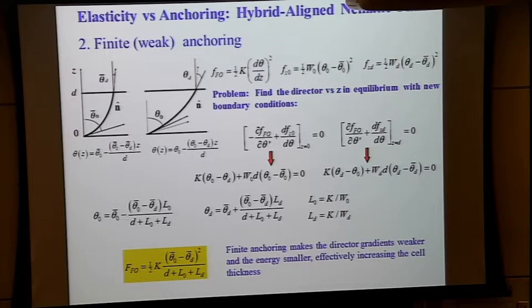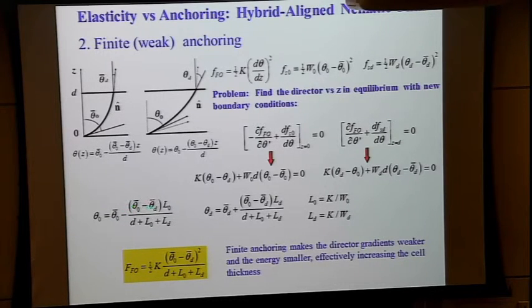You find out that you have theta naught, the actual orientation at the surface, that is somewhat smaller than the theta naught bar that would be there if the surface anchoring were infinitely strong. So the bulk elasticity and the softness of this anchoring potential make this theta naught slightly smaller.